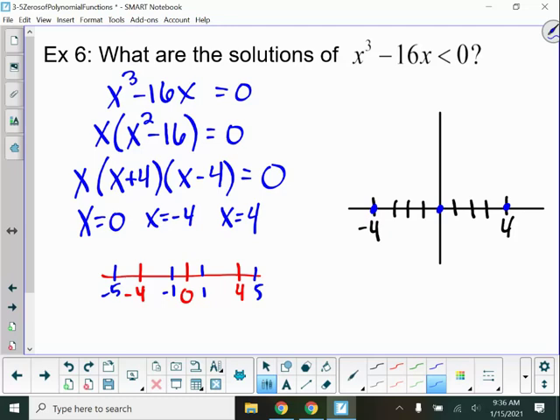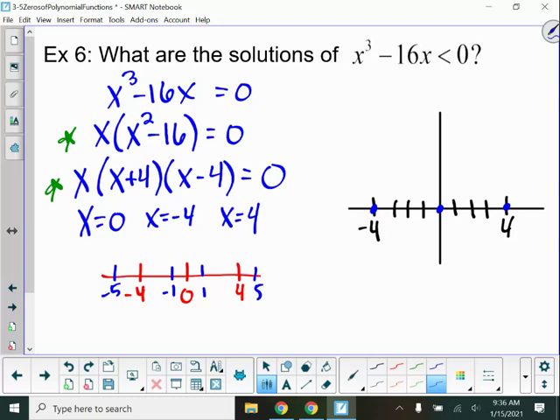So if I use this line, which it doesn't really matter if you use this line or this line, both of those would work. So if I plug in -5, if I go by the top green star, that might be a little bit easier.